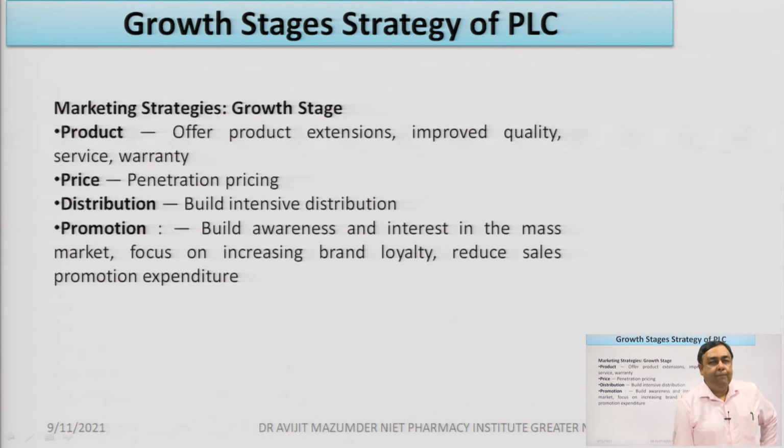And then promotion: build awareness and interest in the mass market, focus on increasing the brand loyalty, and try to lower down the sales promotion expenditure as far as possible in the growth phase. Because this is the phase where, as I am telling again and again, you have to make a maximum profit. So, try to reduce the expenditure as far as it is possible, so that you are getting maximum revenue.